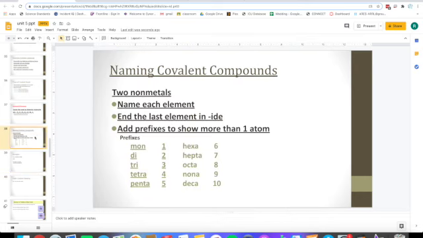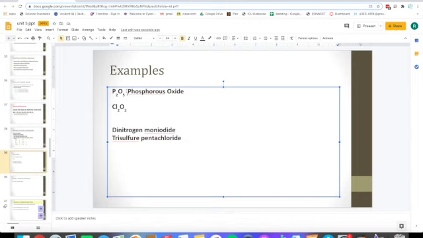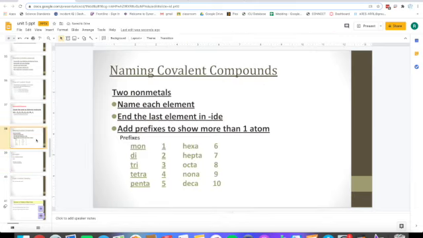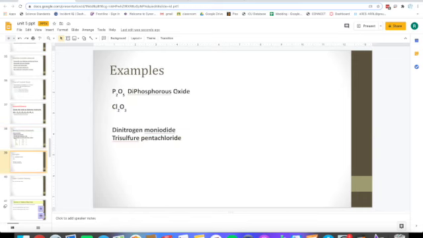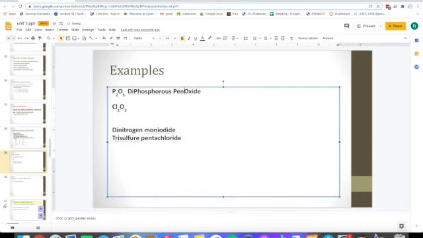If we look at our prefix page, 2 is di. So that would be diphosphorus. And then there are 5 O's, 5 is penta, so you would put penta in the beginning, so pentaoxide.